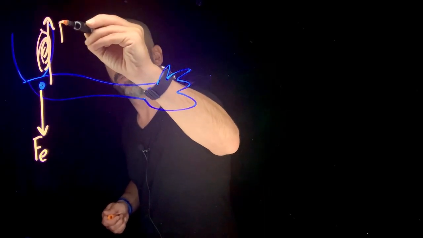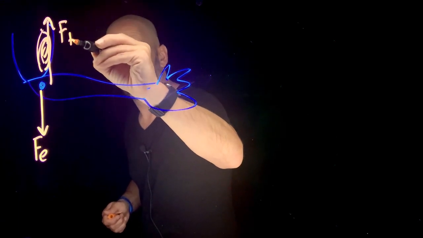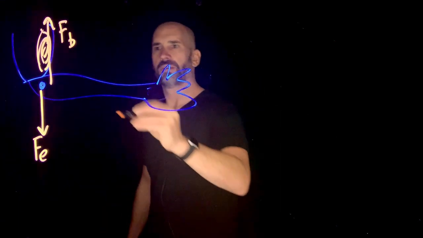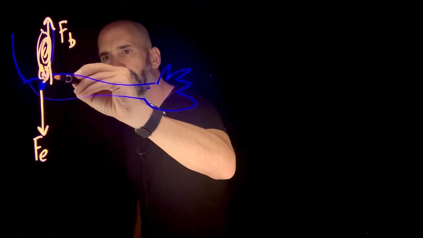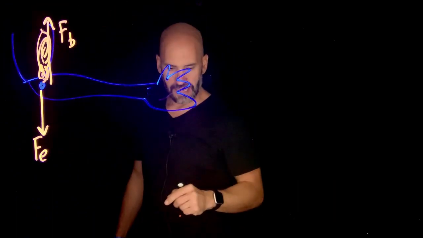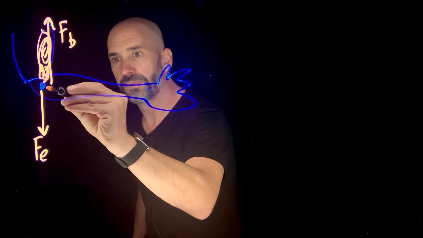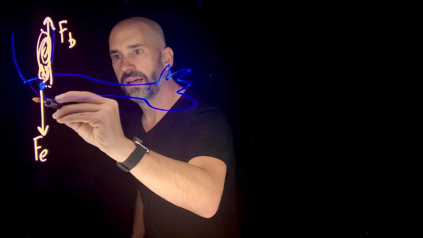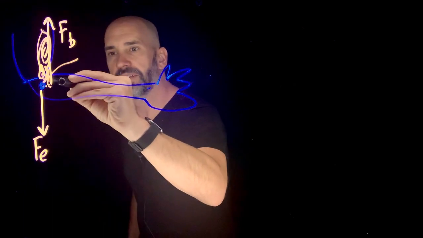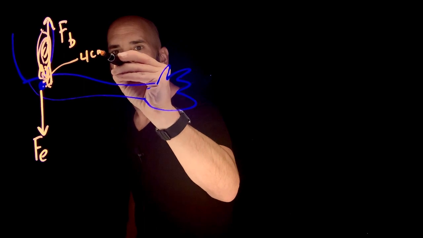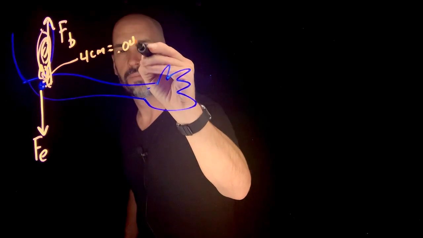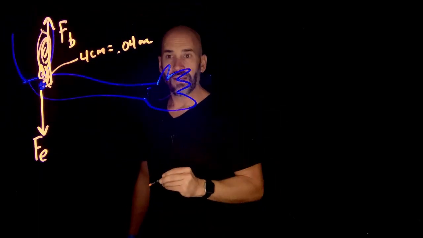I'm going to call that force B for force bicep. So the bicep's pulling up on the arm, and that distance is very small, 4 centimeters, which is equal to 0.04 meters.